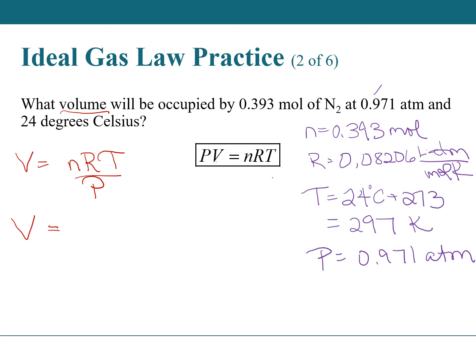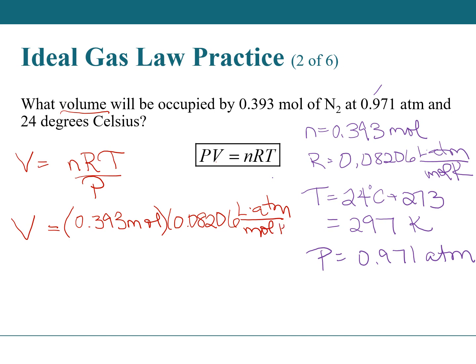So now that we have all of our values in the appropriate units, we can now solve for our volume. So we have 0.393 moles times 0.08206 liter atmospheres per mole Kelvin. Okay, running out of space here.